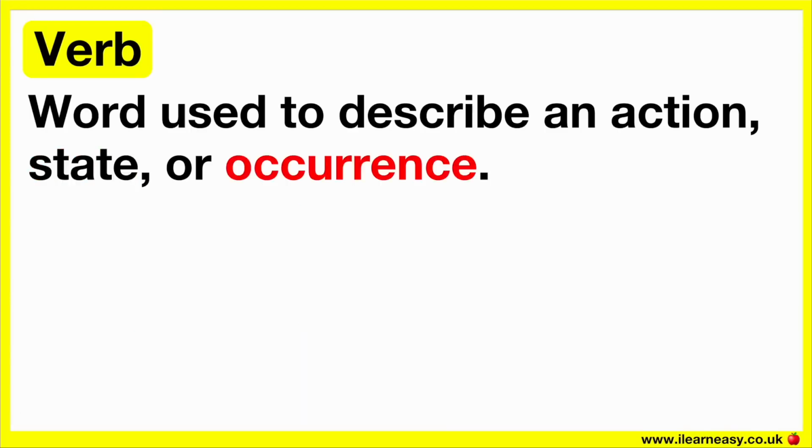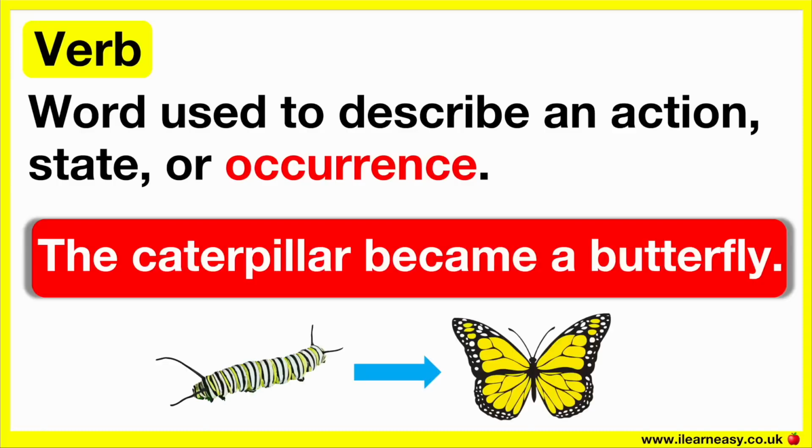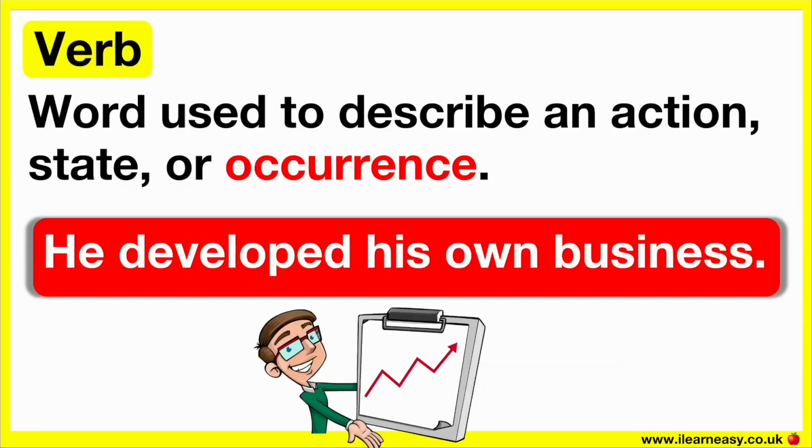When describing an occurrence, we can think of something happening. For example, the caterpillar became a butterfly. The verb in this example is became because it's used to describe something that happened. He developed his own business.